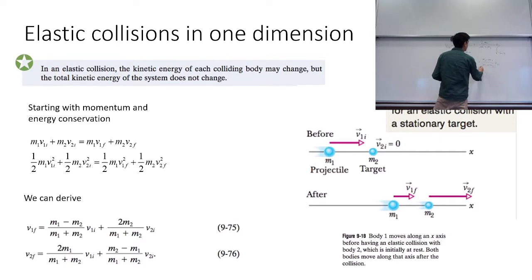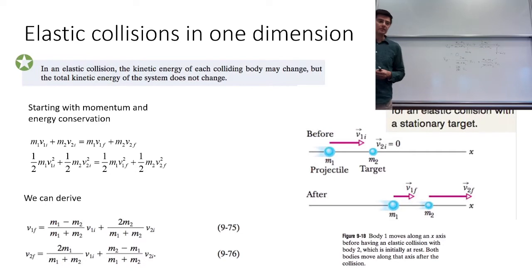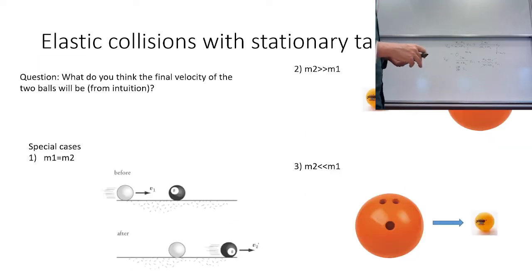This V2I was 0, and this V1I is the initial velocity of the white ball. In this case the masses are the same, so it's like 2m over 2m times V1I. So what this says is that the black ball will move at the velocity of the white ball, and then the white ball stops. So the prediction was correct. Okay, great.